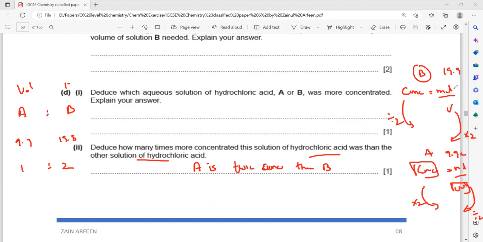So I can say B is half as concentrated as A, or A is twice as concentrated as B. That's the same answer. Is it clear, this one? Yes, sir. Clear.